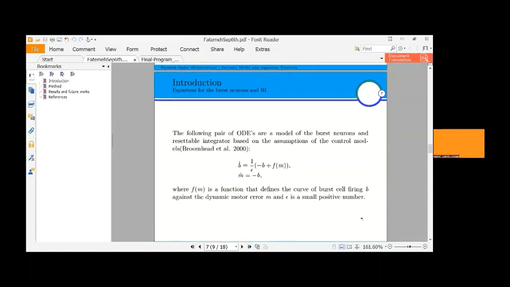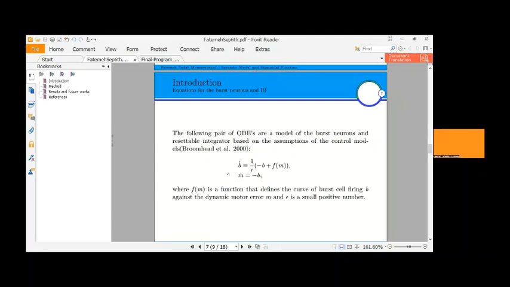We now turn to the mathematical perspective of the saccadic model, and then introduce a modified model for the saccadic system. The following pair of ODEs are a model of the burst neurons and resettable integrator based on the assumption of the control models.